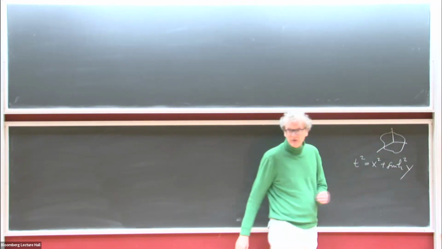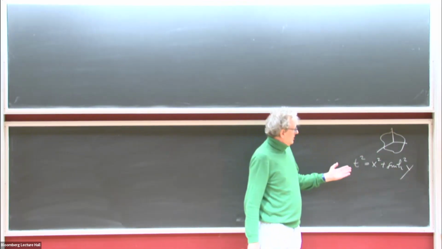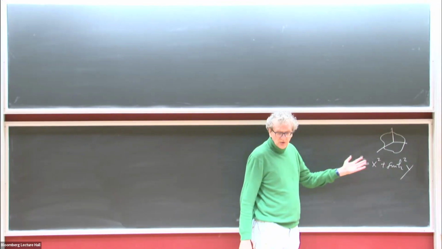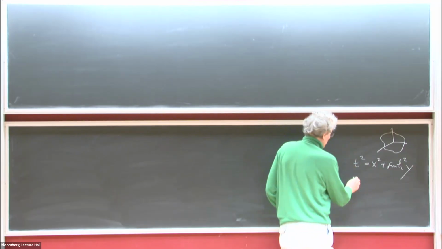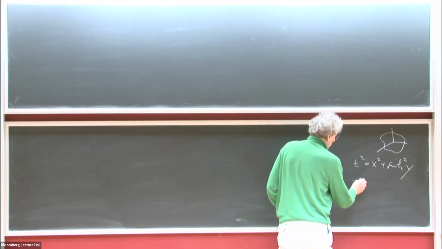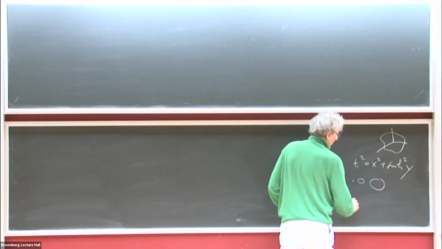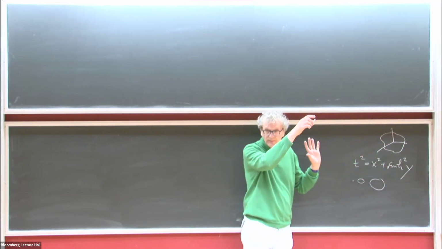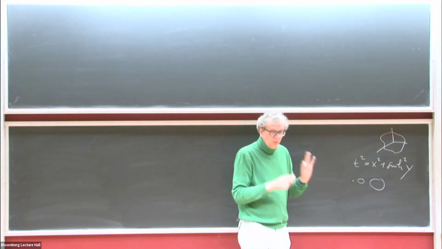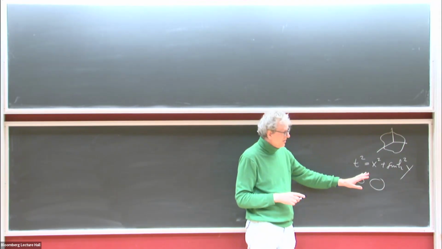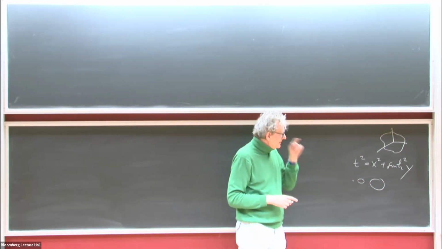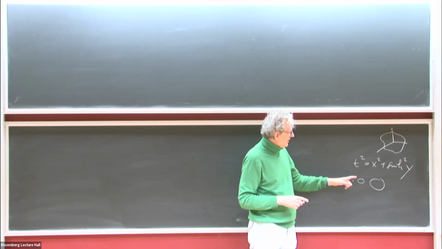So the set of points in R^3 or R^{2,1} satisfying this equation. For t equals 0, it's a point, and then it grows, and it grows forever. It's a zero mean curvature surface. It's a classical string solution. Even no singularity.